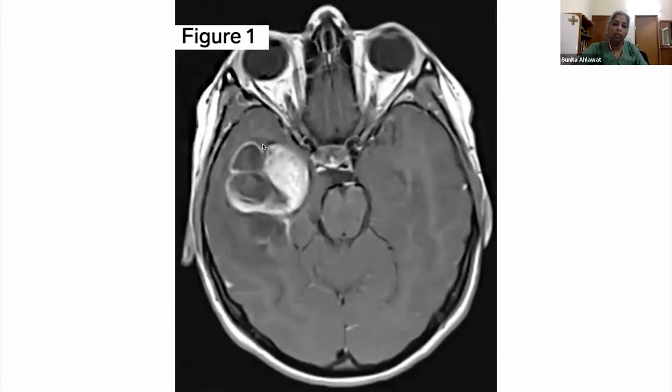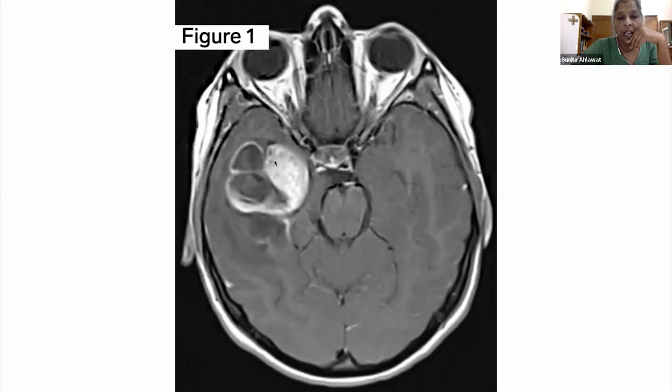So this is an SOL tumor which is cystic with a solid nodule. Can you write the differential on this radiology? I told you the differential in one of the last classes. Can you write the answer? So you have a tumor like this.